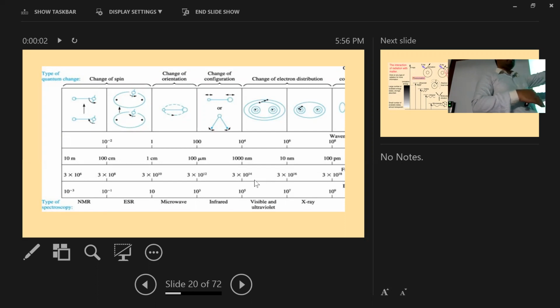For the neutral case, the NH2 is bent like this, and then when 1 electron is ejected, it becomes completely flat. So the distribution of electrons will be changed. Okay?